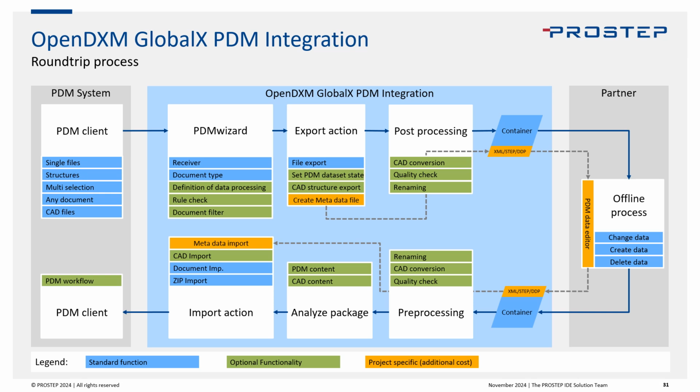OpenDXM GlobalX can then process that data, name it back to what your conventions are, and do quality checks. It could reject the data if it doesn't find the right validation, and say, no, we want you to correct these things before we process them. It will analyze the differences between what's in the PLM system and then create and upload that package.